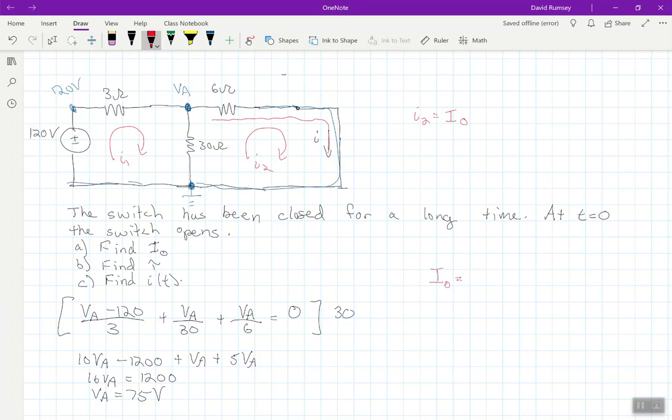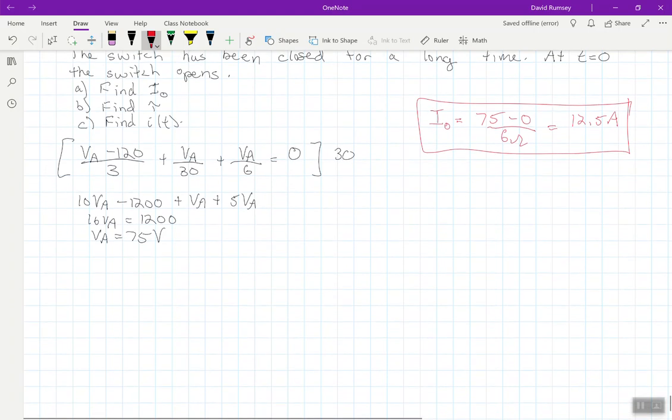There's 75 volts here, 0 volts down here, over 6 ohms. So you get 75 divided by 6, and you get 12.5 amps. So this is my initial current. Okay, now it's asked to find tau.